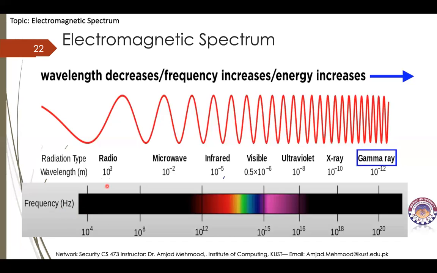Here you can see the wavelength is 10 raised to power 3, 10 raised to power minus 2, 10 raised to power minus 5, and so on. If you see the frequency, it is increasing: 10 to the power 4, 10 to the power 8, 10 to the power 12. So this is how they are inversely proportional. If we increase the frequency, the wavelength will be decreasing.